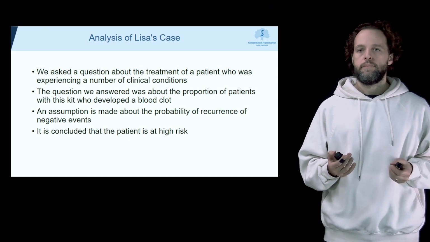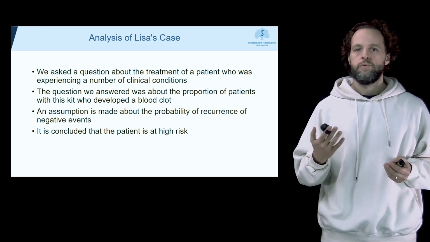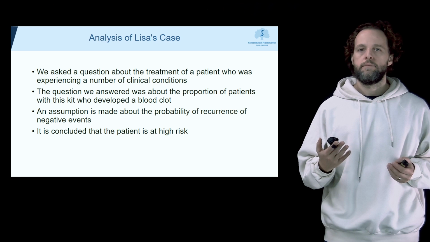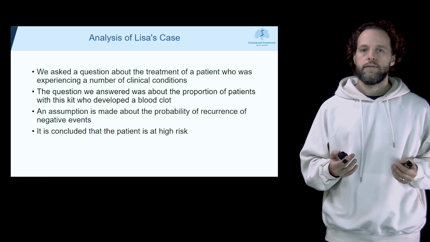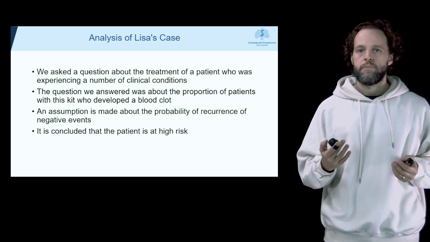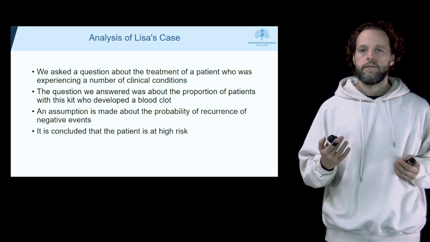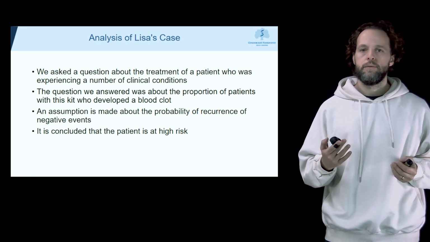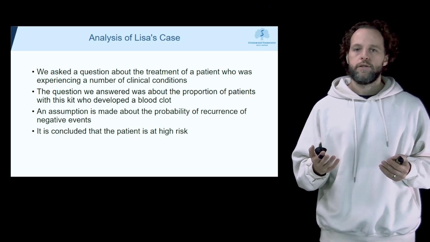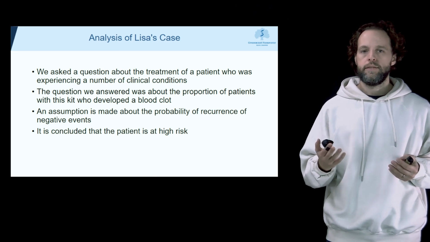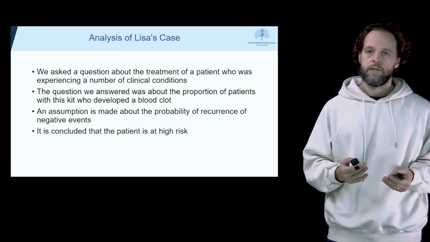We asked about the treatment for Lisa, who was experiencing a number of clinical conditions. However, the question we answered was about the proportion of patients with a set of clinical conditions who developed a blood clot. We answered a descriptive question based on quantity and proportions.